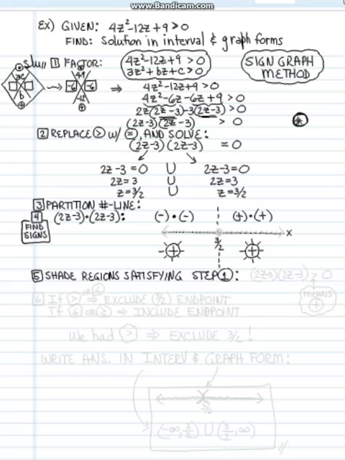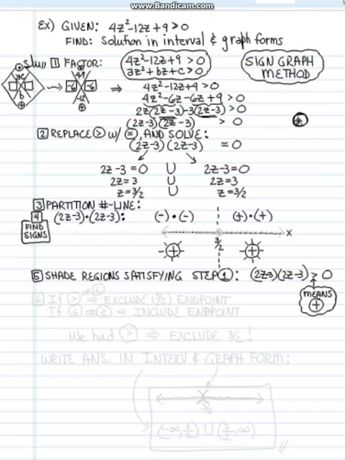So we look back at that star, and we need it to satisfy (2x - 3)(2x - 3) is greater than 0. Now, what does it mean to be greater than 0? It means positive. So we're going to just shade regions of the number line that make the product of the two factors positive.